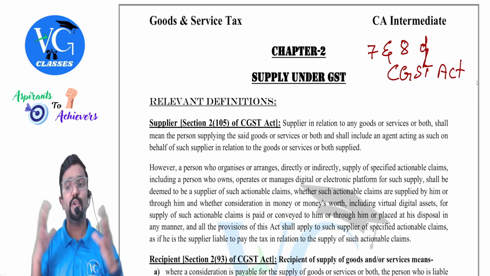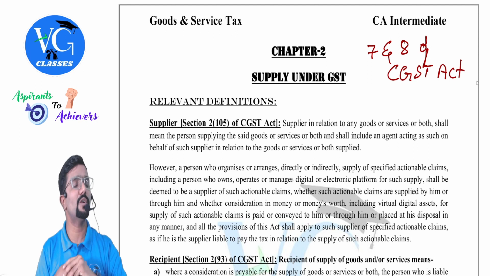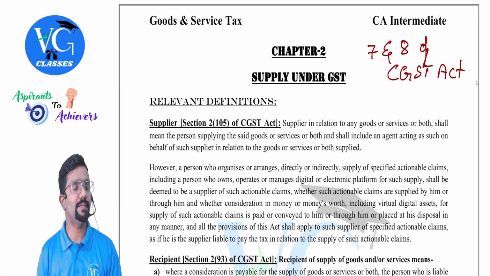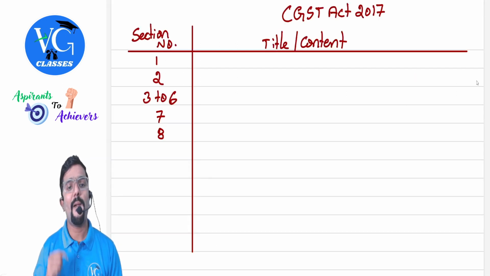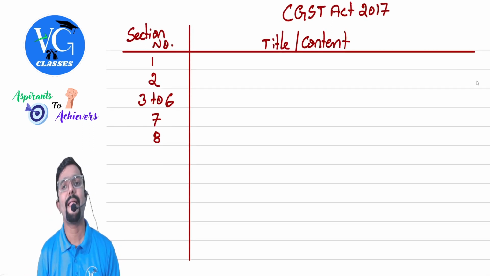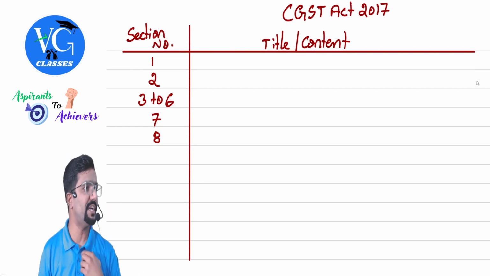Now come to your notebook where I had asked you to leave space to write the section number. I had asked you to leave the first two sides, one complete sheet.